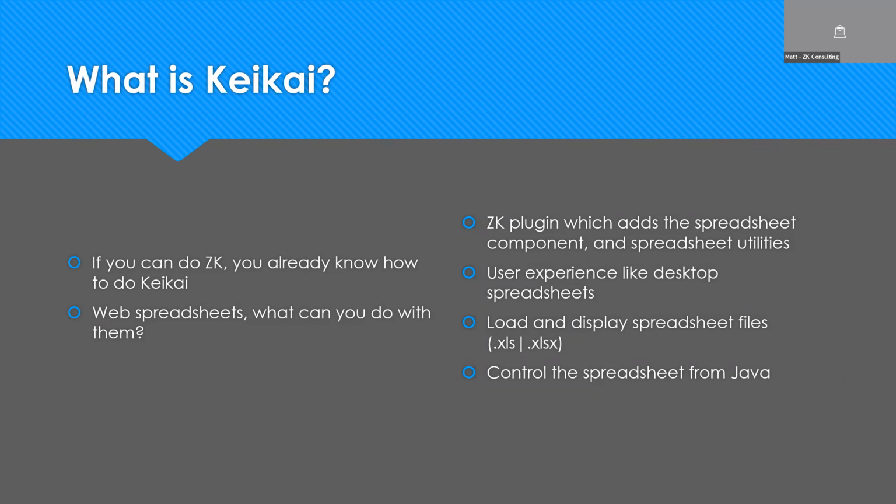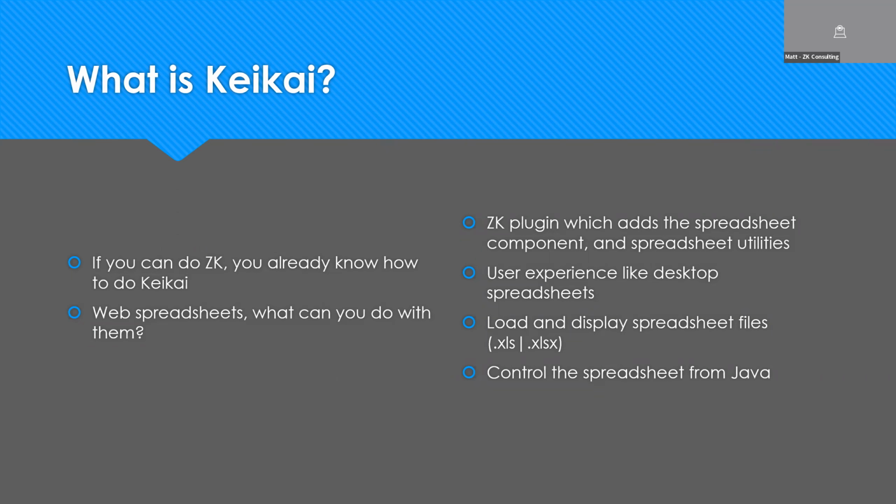So why would you use a web spreadsheet? Essentially, the answer there is, why would you use a spreadsheet in general? I'm sure you've all had use cases where you had to do planning calculations, calculating the number of computers or software licenses or whatever you would need to have. And in order to exploit your data easily, you've made a spreadsheet to count it.